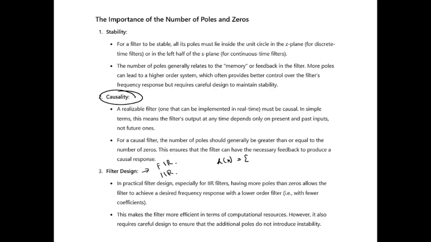And if you are trying to approximate the analog filters, then we get the IIR filter where h(n) goes up to infinity. Hence it is called infinite impulse response filters, because it has an infinite number of h(n) values.